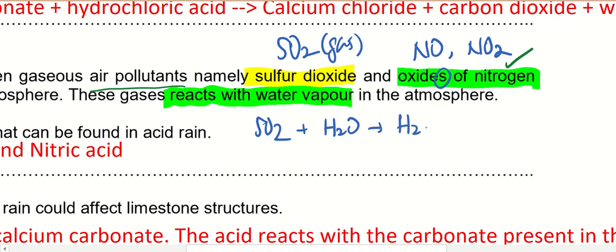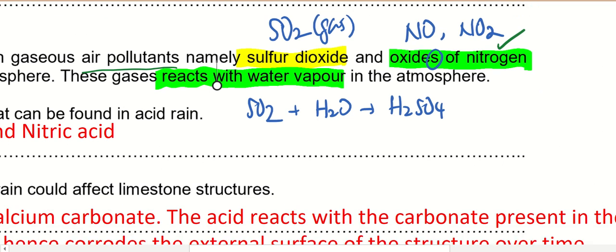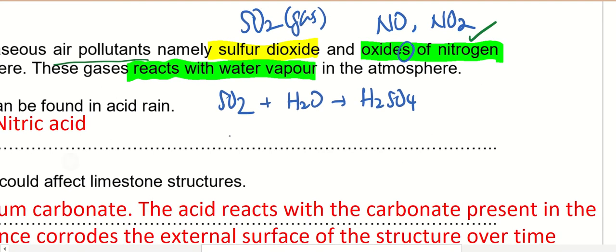Now sulfuric acid is H2SO4. So how do we go about doing this? H2SO4 essentially is something like this. Next, the same thing goes for NO2. It gives you HNO3.